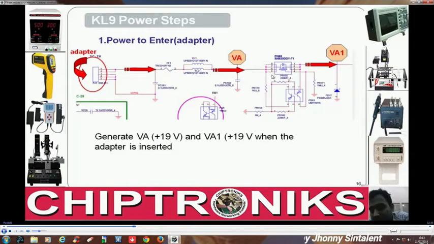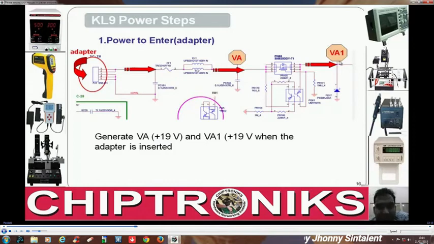But here the input is connected to drain and the output is connected to source, and the gate is grounded. So in this case, the diode inside this MOSFET will act as a damper diode, and this MOSFET will basically act as a diode, and the current will just pass across this MOSFET.